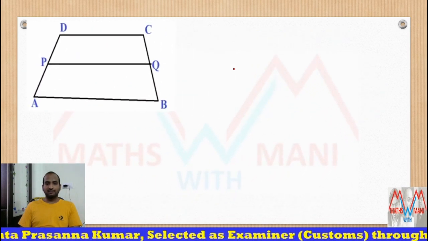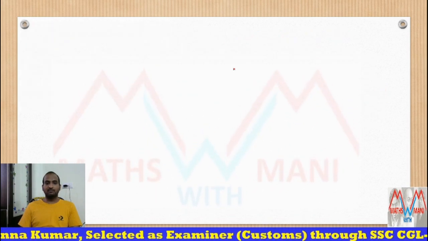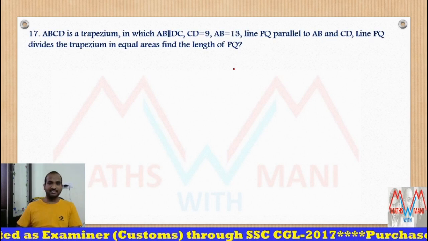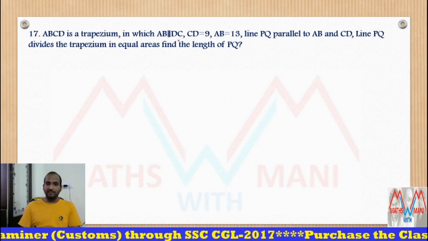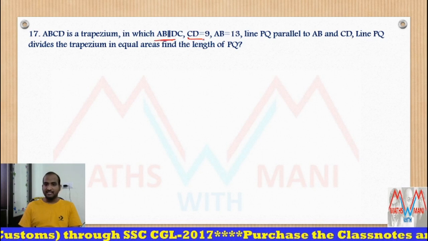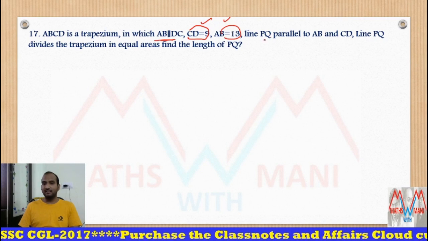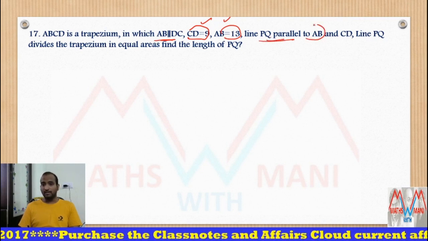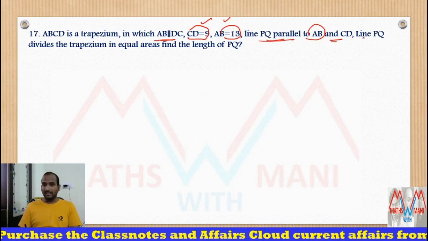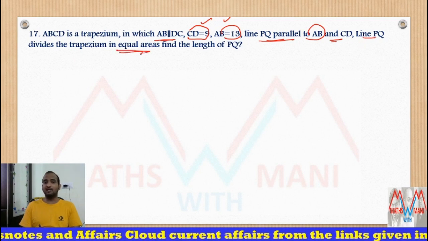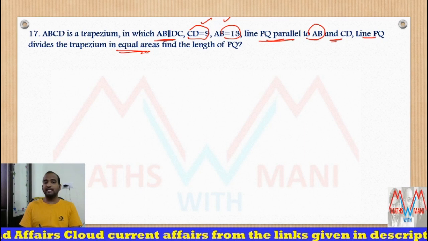Next question, 70. ABCD is a trapezium in which AB is parallel to DC, and CD and AB are the parallel sides. CD is 9 and AB is 13. A line PQ is parallel to AB and also CD, and line PQ divides the trapezium into equal areas.